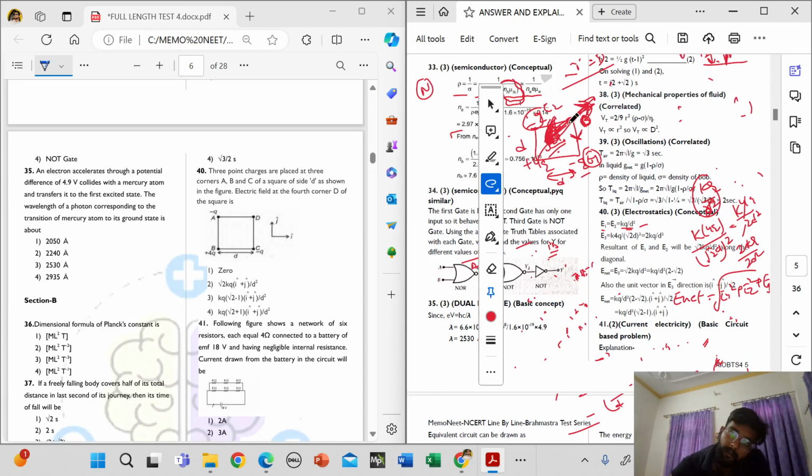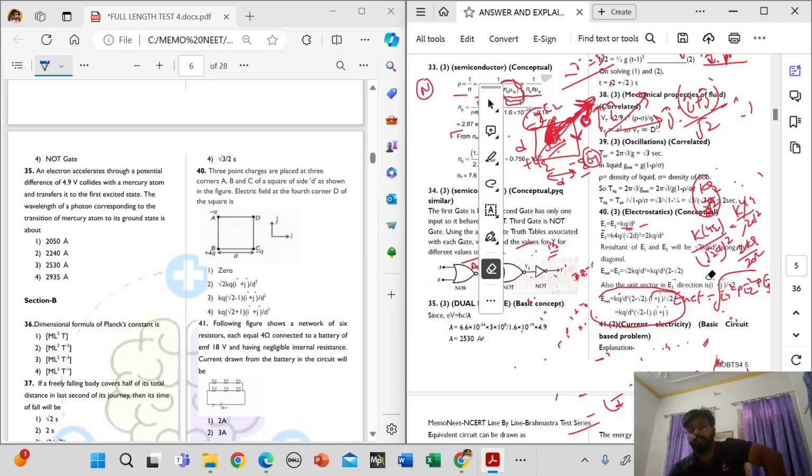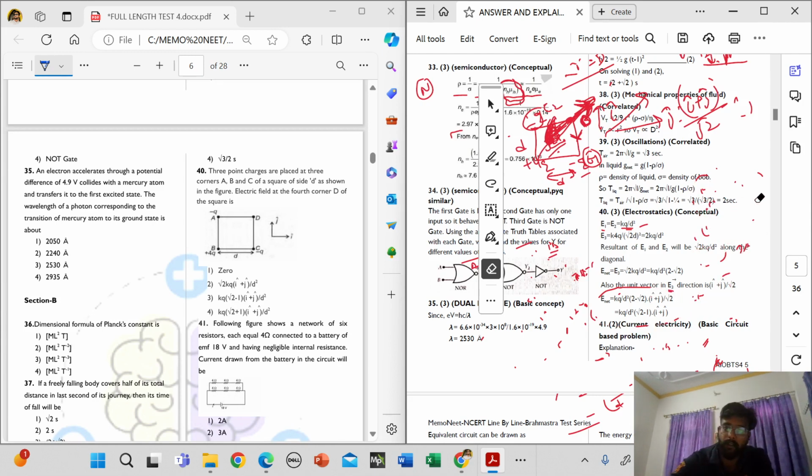And the resultant will be in this direction. This is the I cap direction and this is the J cap direction. So this is the resultant. This resultant will have the unit vector (I plus J) upon root 2. So this we will get when we add all of this. Now next question.